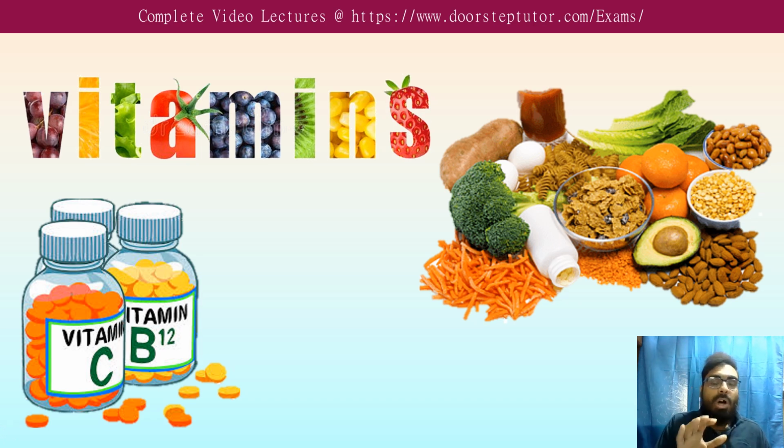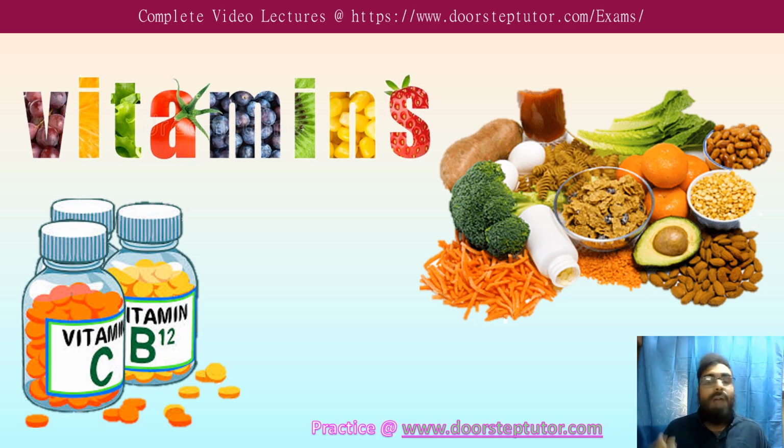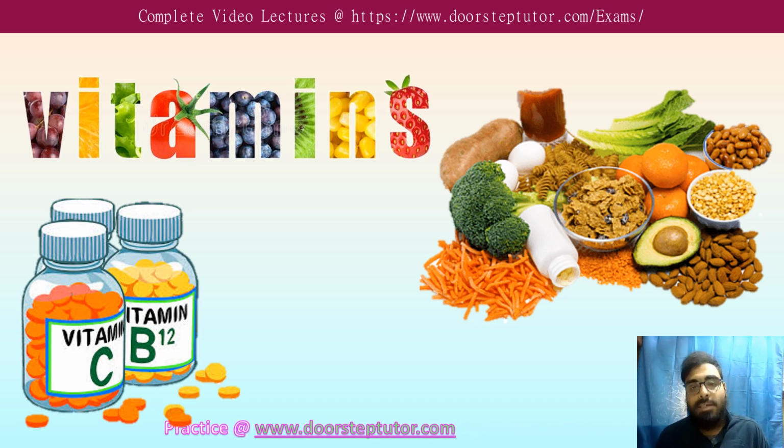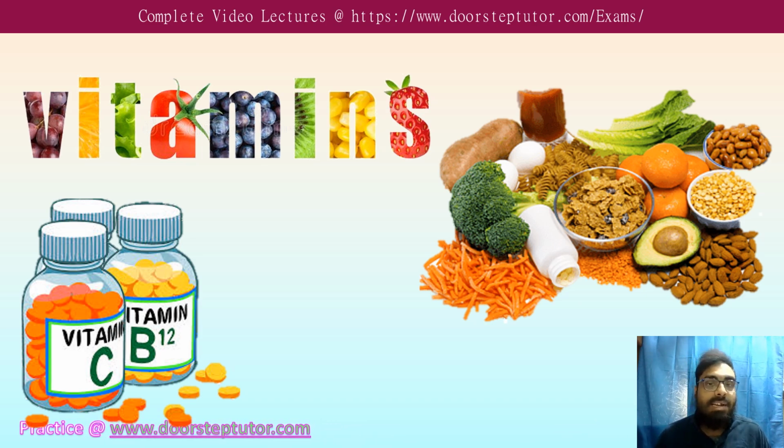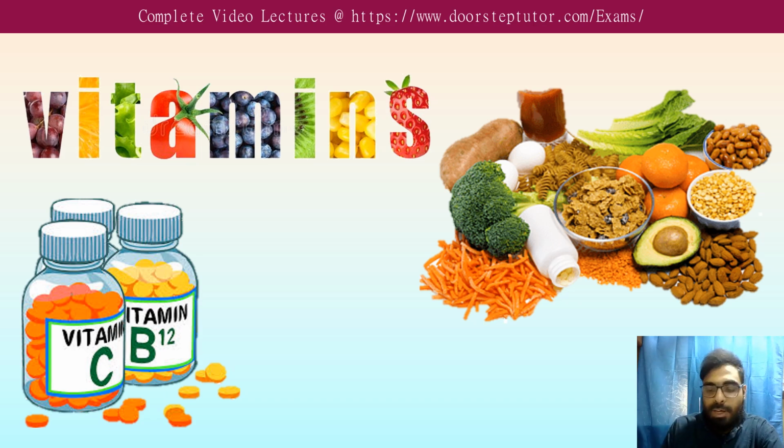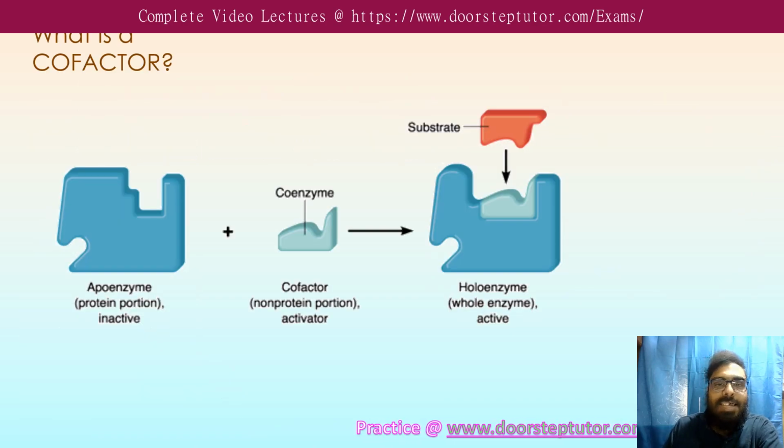But we'll see the biochemical viewpoint of vitamins, how they help enzymes in catalysis of the reactions. We'll see the chemical and structural point of view of vitamins, and in what all reactions vitamins are involved. So let's start today's lecture.